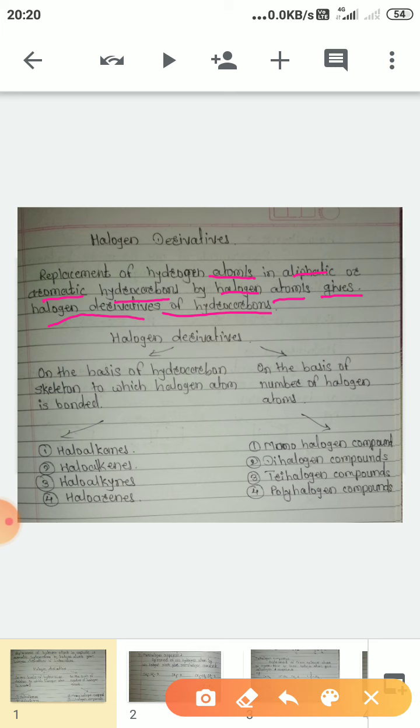Okay, now next, halogen derivatives are classified into two types.